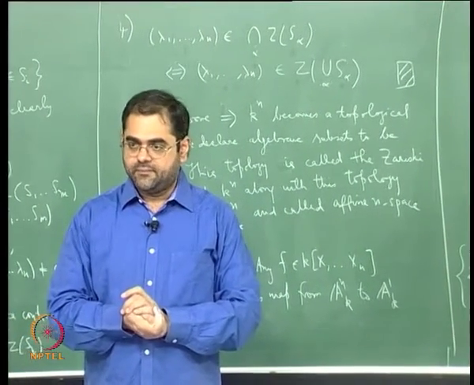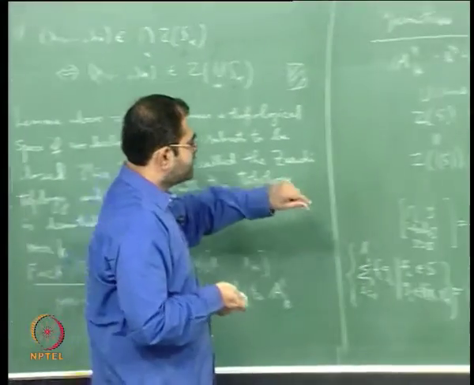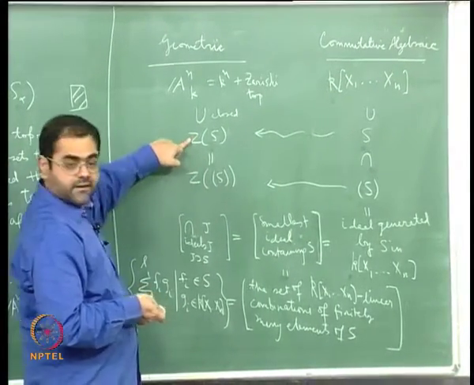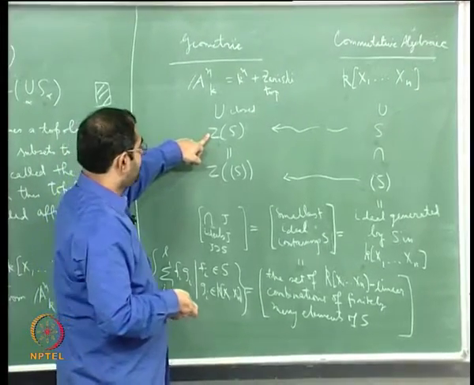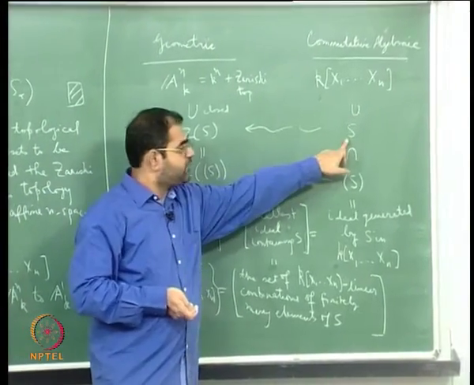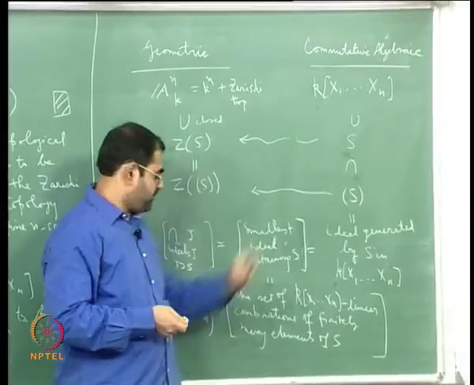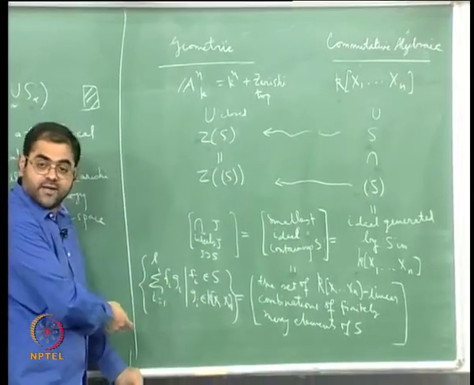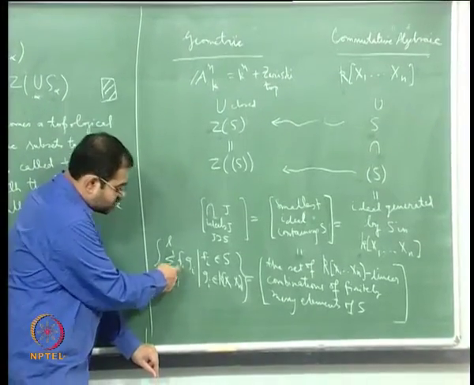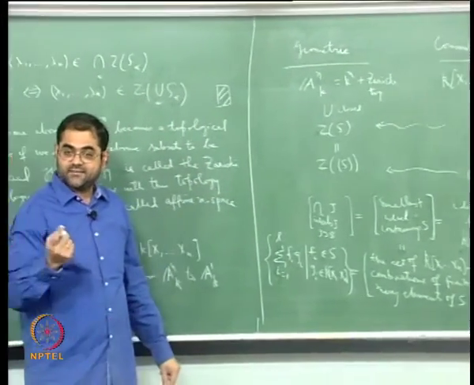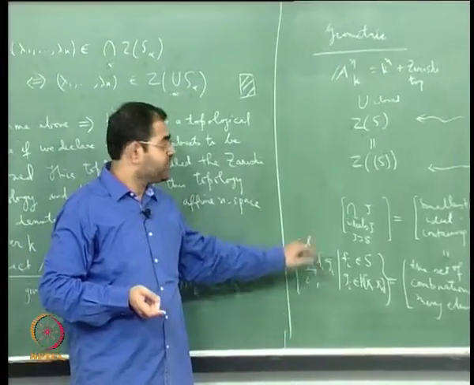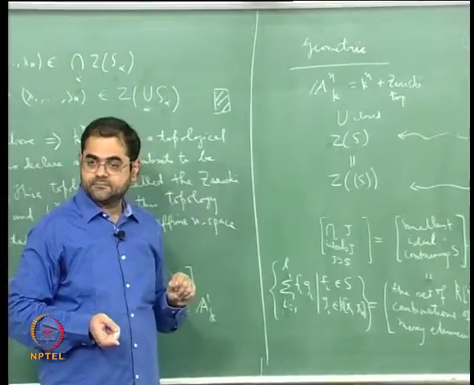That's the beautiful point. If there is a point here, then it is a common zero of every polynomial in S. Therefore if you take any combination like this, it will also be a zero of that, because every term contains a factor from S, and there are only finitely many terms. So something here is always here.